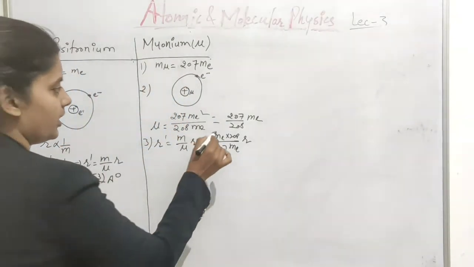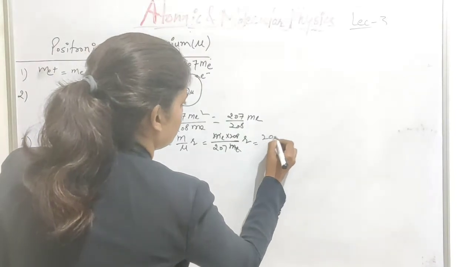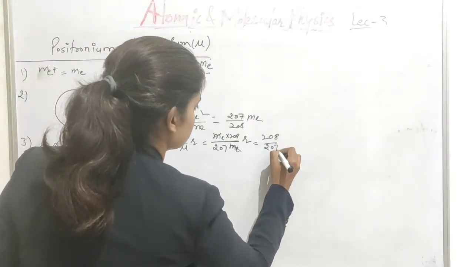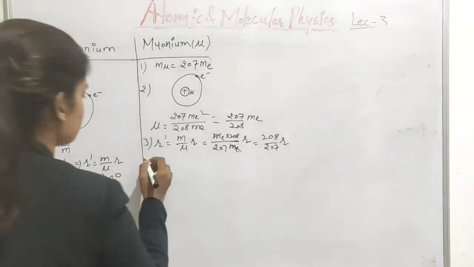R is the original r. So me get cancelled. So this comes out to be 208 over 207 into its original radius. So this is how the radius is related with its original radius.